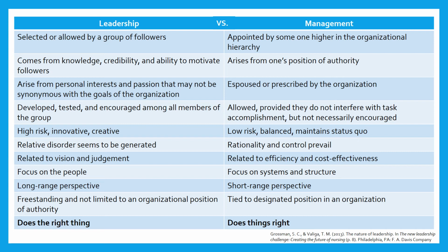They always want to do the right thing for everybody. They focus on the benefit of the people that they are around. Okay. And then management is kind of the opposite. They typically like to do things right. They're by the books, meaning that they follow the rules.